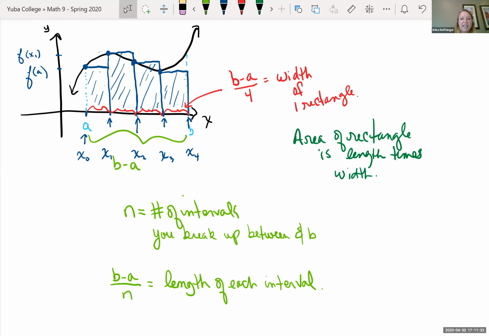Same kind of idea here. This time we're going to put an infinite number of rectangles in there, and by making that go off to infinity, we get an exact value for the area under the curve.